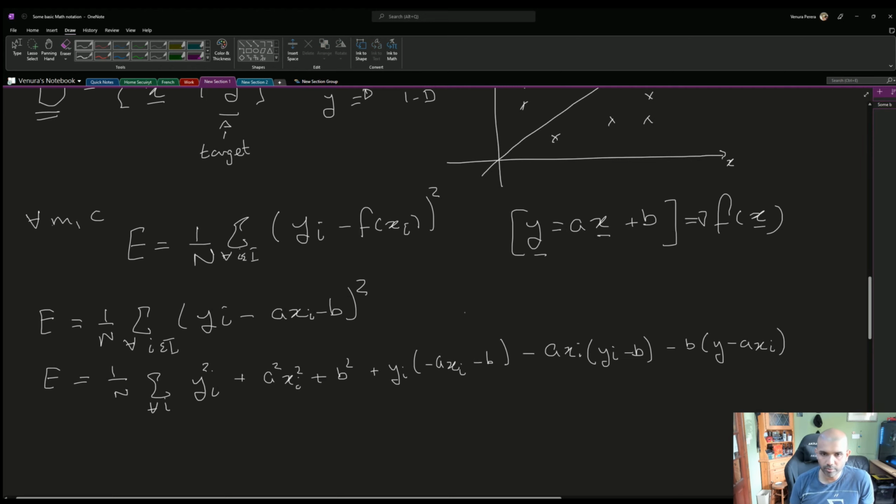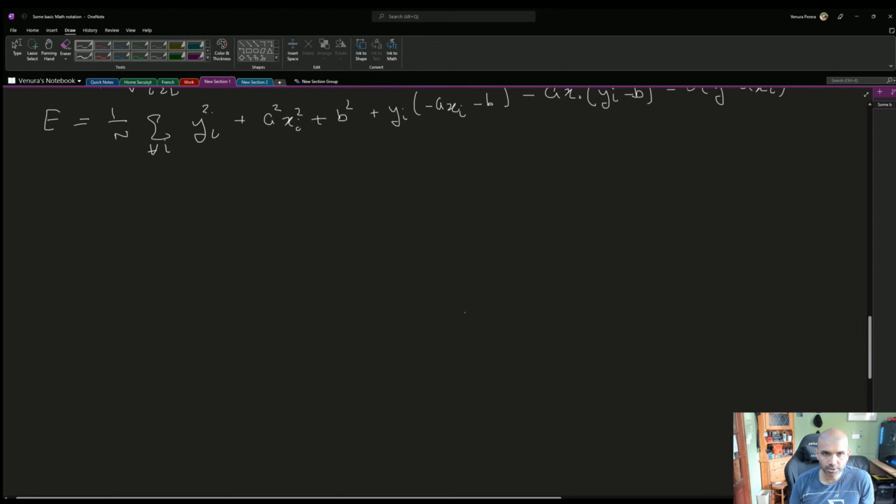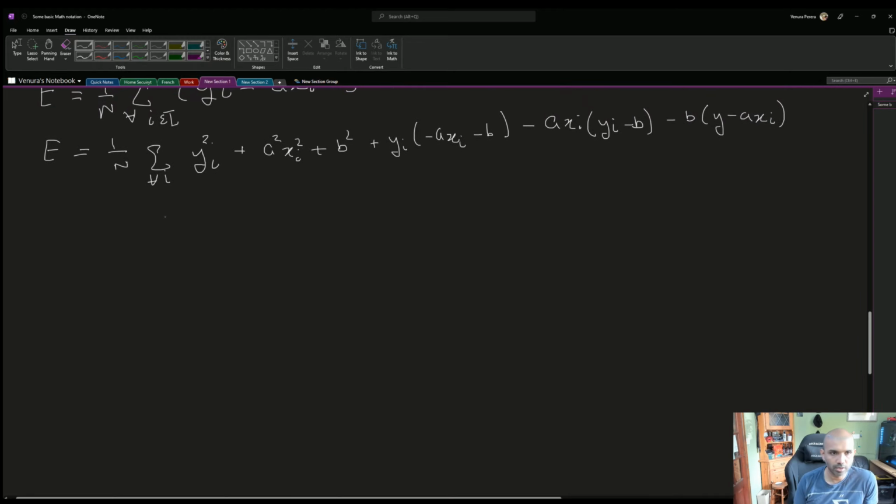So now we've got this function. This is a very long equation. Let's simplify that so that it doesn't look so bad. yi squared plus a squared xi squared plus b squared. Well, let's multiply that inside out.